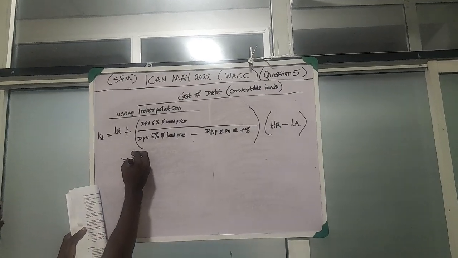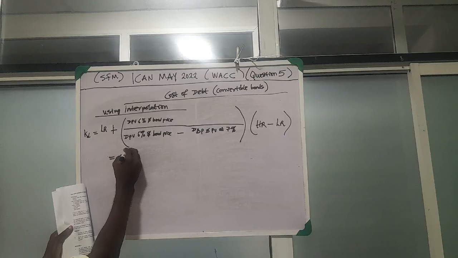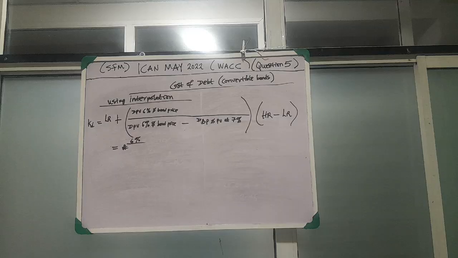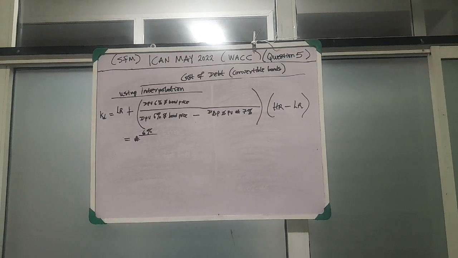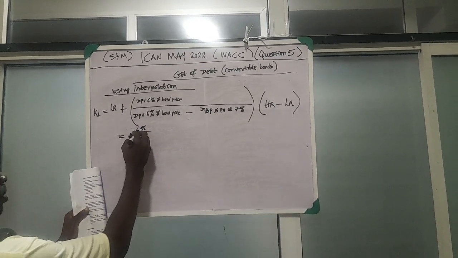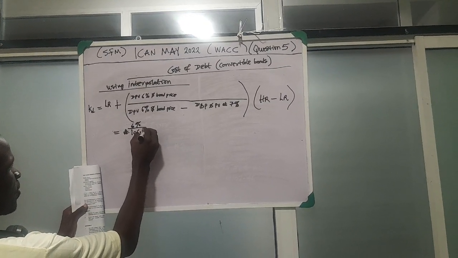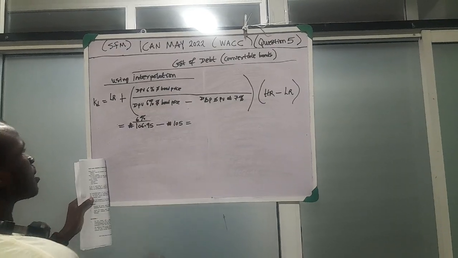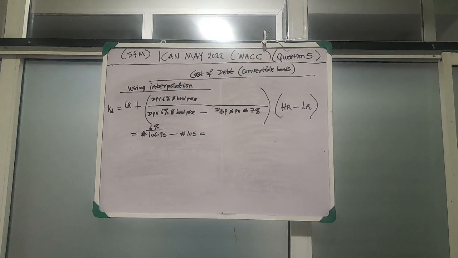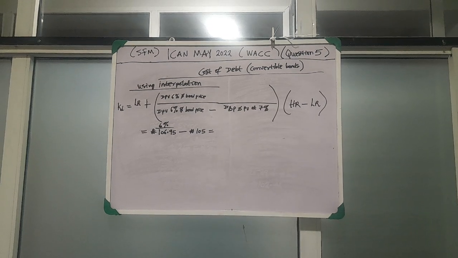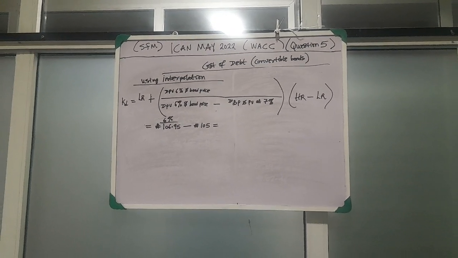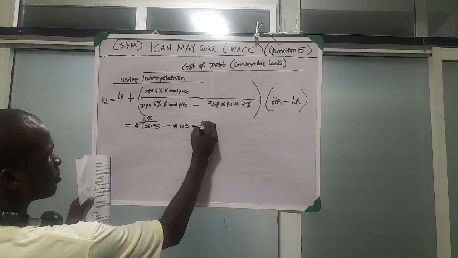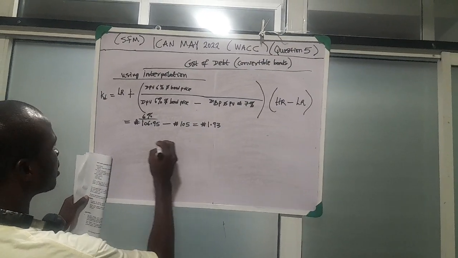So the PV we got initially at 6% was 106.95, minus 105 will give us the difference, and the difference we have is 1.93 naira.